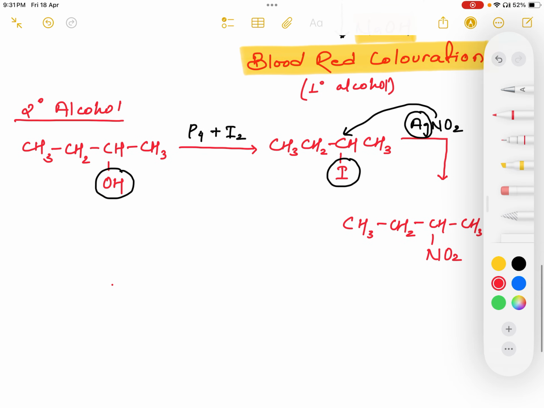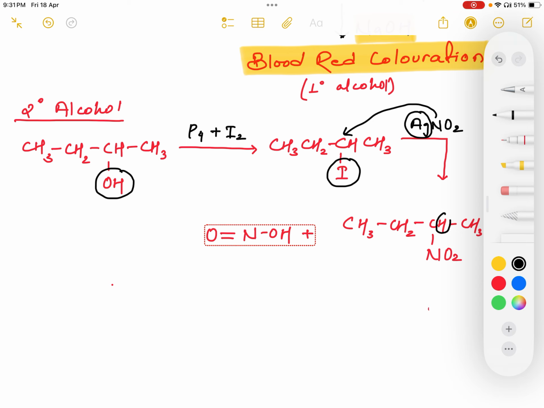In the last step, sorry, second last step, we need to treat it with HNO2, which was something like this, with double bond O and an OH group. Now, what you can visualize over here is the carbon containing the attached NO2 group.